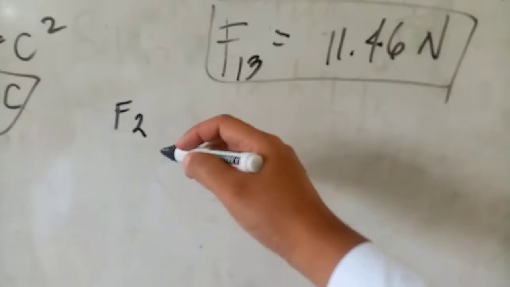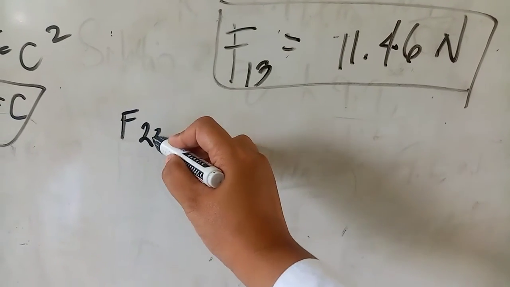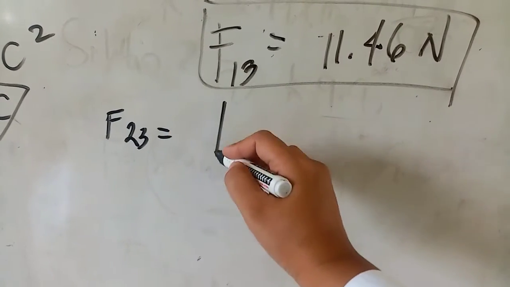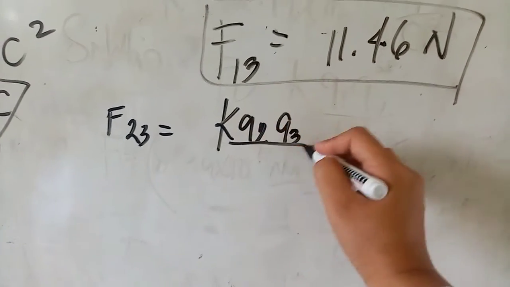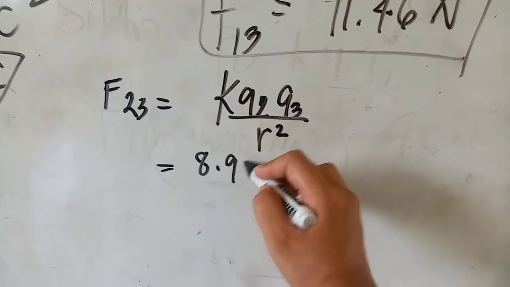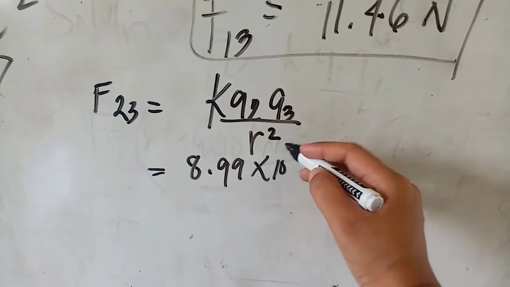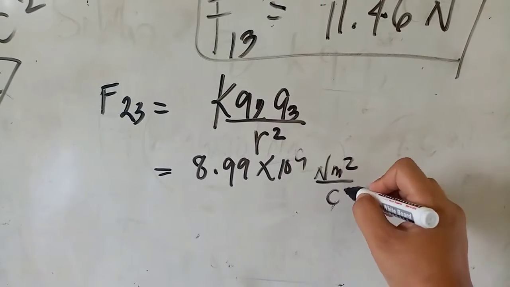At this point, let's get the force of charge 2 onto 3. Using the equation again, it is equal to 8.99 times 10 to the power of 9 newton meters squared per coulomb squared.